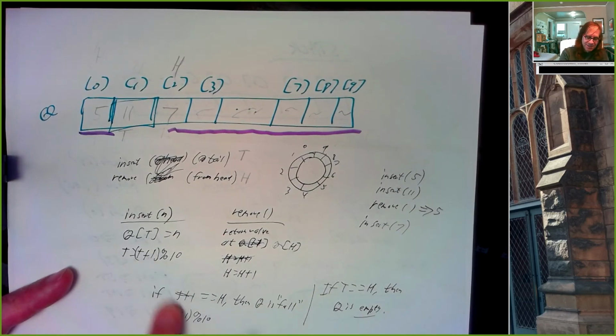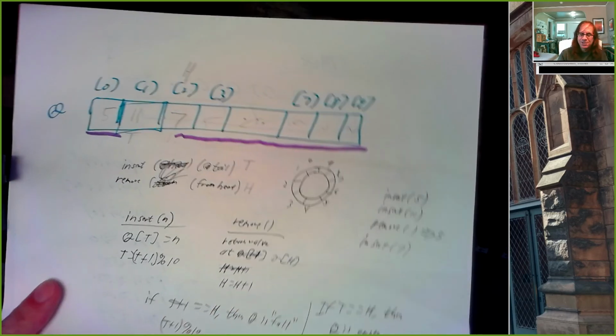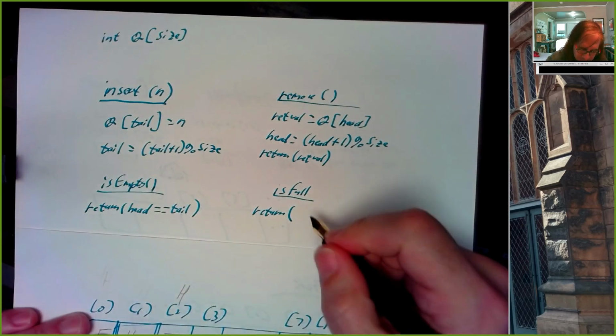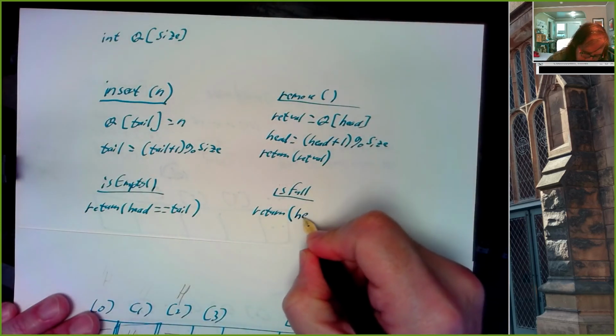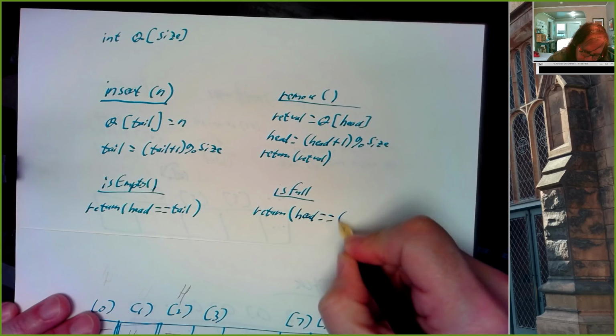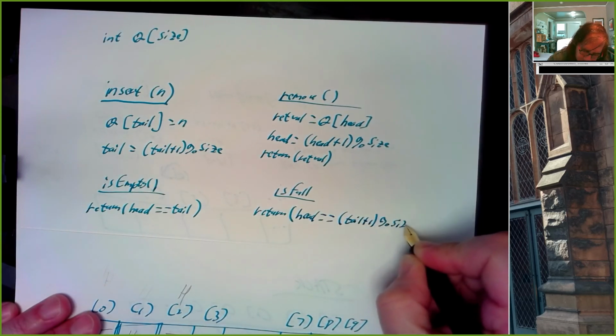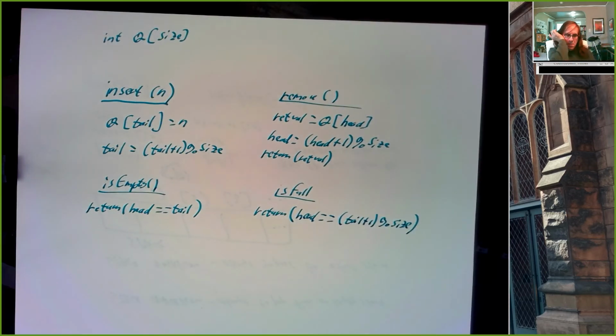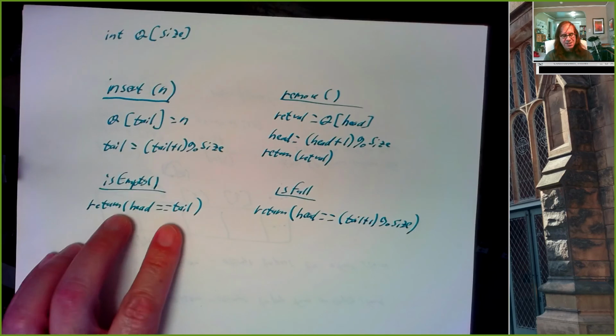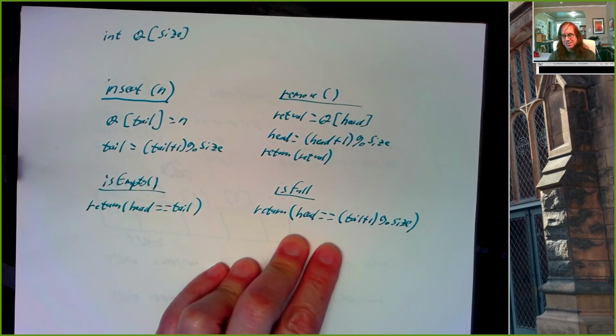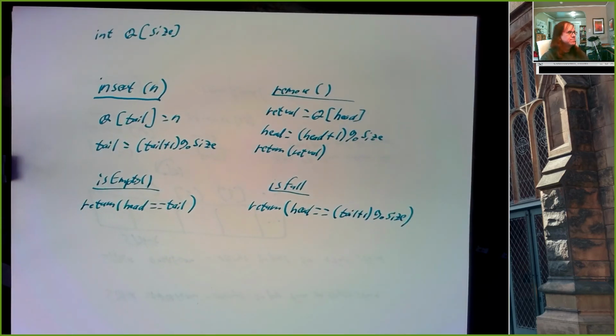Add one to the tail, roll it over modulo the size of the array, and see if that's equal to the head. So return head equals tail plus 1 modulo size. So there's the difference between empty and full. Empty, they're exactly the same. Full, they will be exactly the same if you were to increment tail.